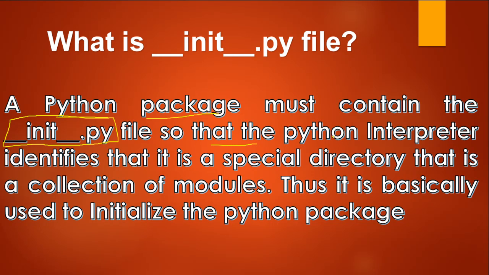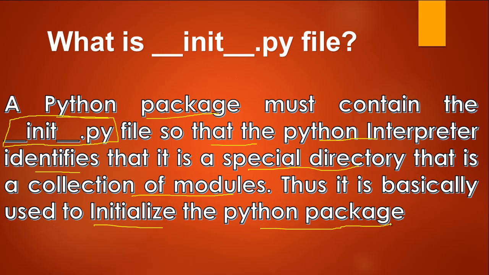So that the Python interpreter identifies that it is a special directory. Okay, so that Python knows that the folder in which this file is present is basically a special directory, and that folder is basically a collection of modules. Thus it is basically used to initialize the Python package.